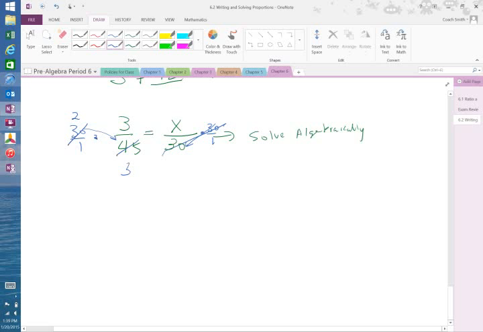Correct? Okay. So that gives me 2 times 3 on top, 1 times 3 on bottom. That's 6 over 3, which is equal to 2. So there's 2 grams of salt.